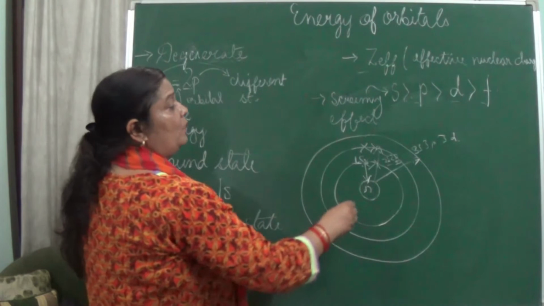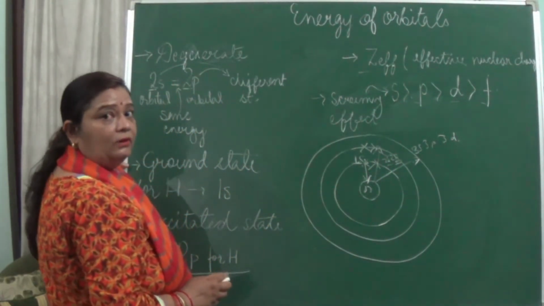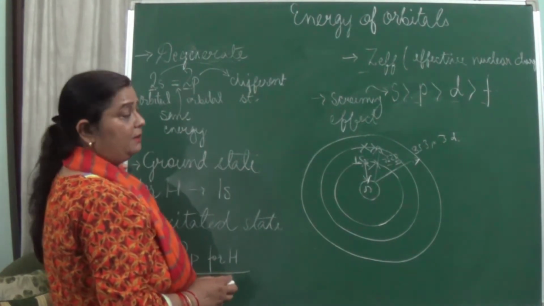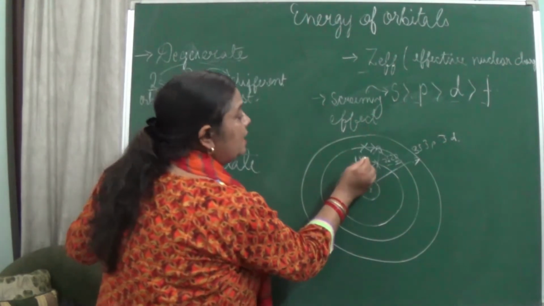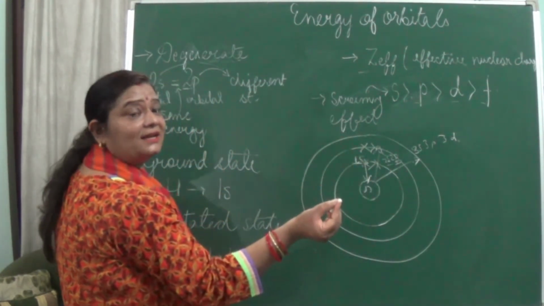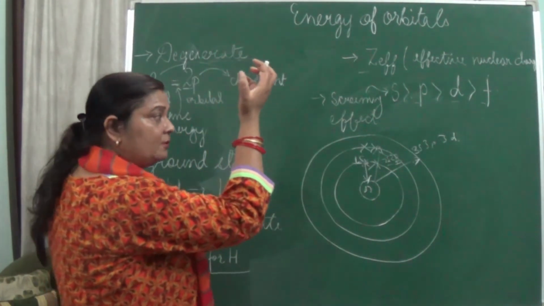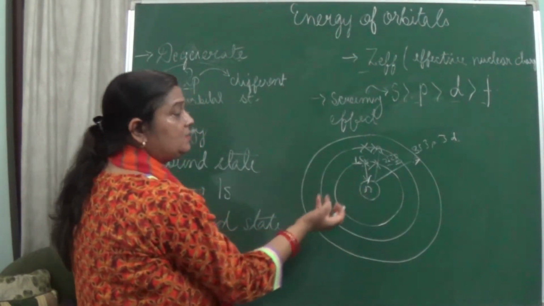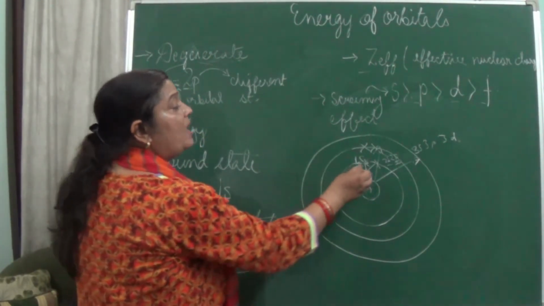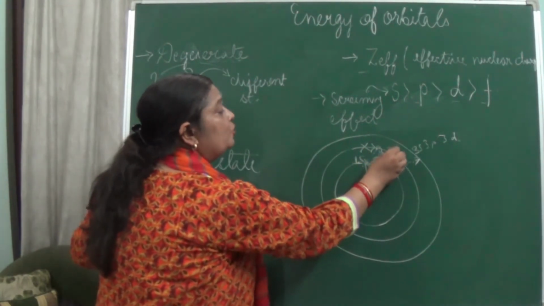Likewise, when we go further, this effective nuclear charge goes on decreasing, isn't it? And why is it decreasing? This is what is called the screening effect. Here 1s first experiences the effective nuclear charge, and then it passes on to 2s, and then to 2p.